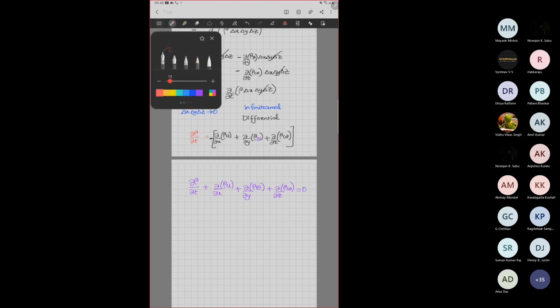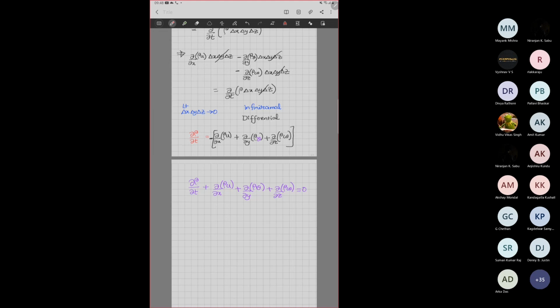In shorthand notation, we write del rho by del t plus divergence acting on the complete rho u component is equal to 0. This is also written in shorthand as del t rho plus del dot rho u is equal to 0.